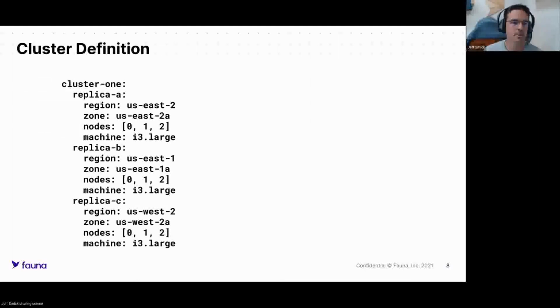So we came up with this sort of simple YAML schema to define a cluster. Fairly straightforward. You have your cluster name and then the replicas, where the replicas are going to exist, the machine type, and then the number of nodes that we were going to use.